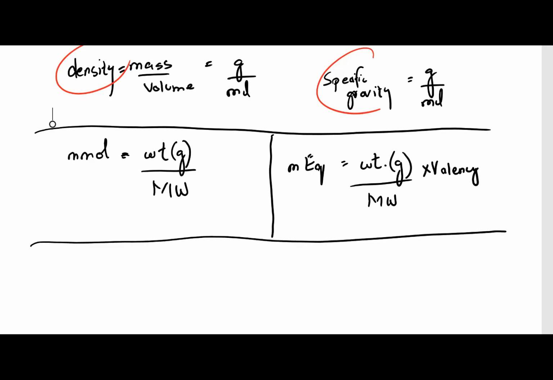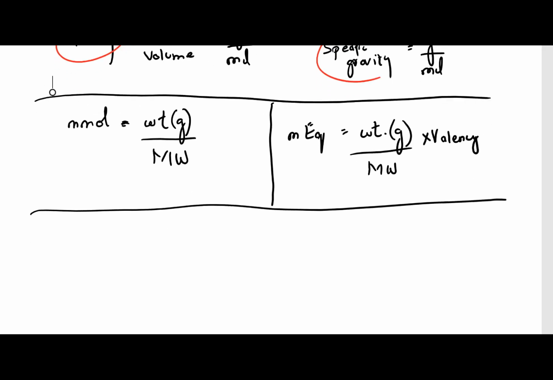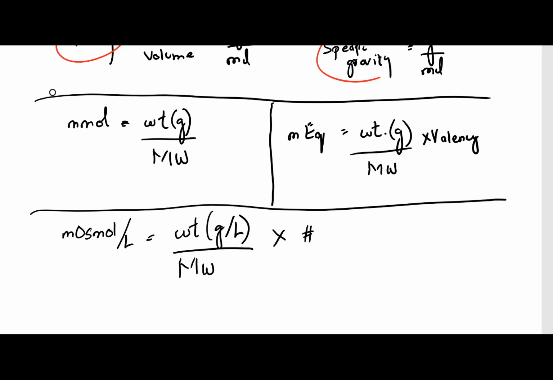The other important thing, the last equation, is for the osmolarity. So it's weight, and this should be in grams per liter, divided by molecular weight, multiplied by number of particles.